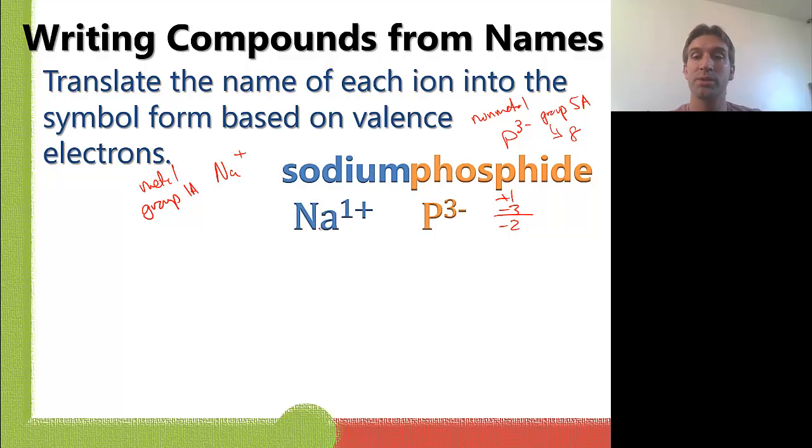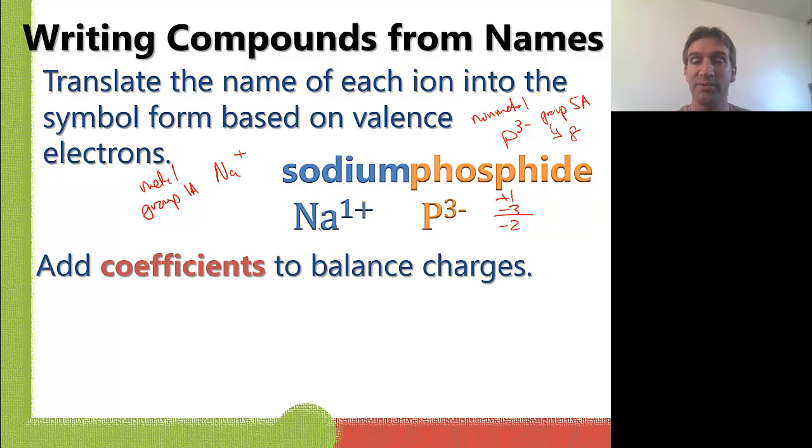What we'll do is apply our cross balancing. Take your 3 on the phosphide and write that as a coefficient on the opposite thing, the sodium. Then we take our 1 from the charge of sodium and apply that as a coefficient on phosphide. Here it's implied, we don't have to write a 1.